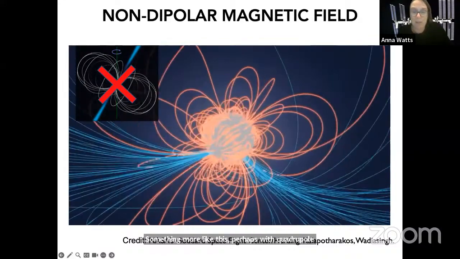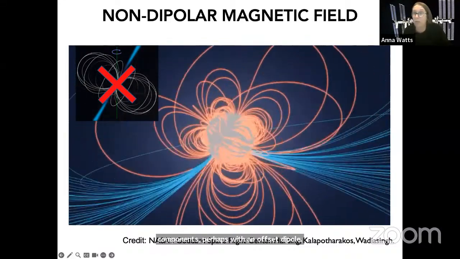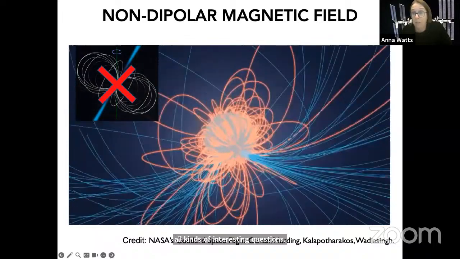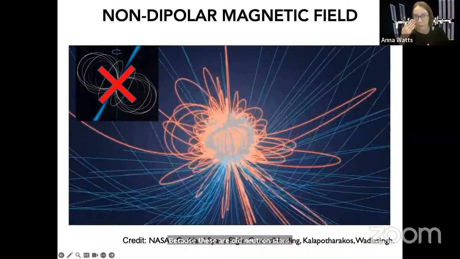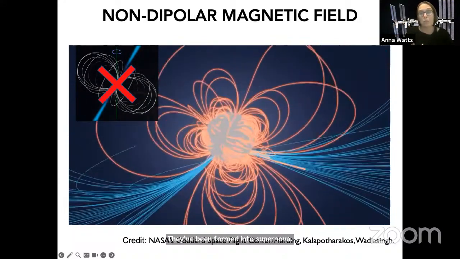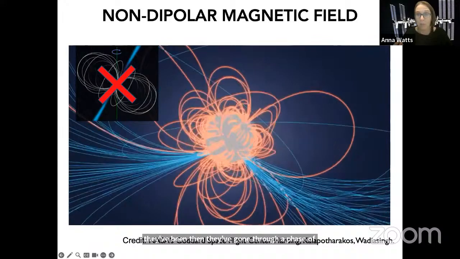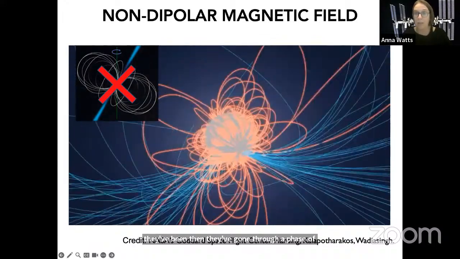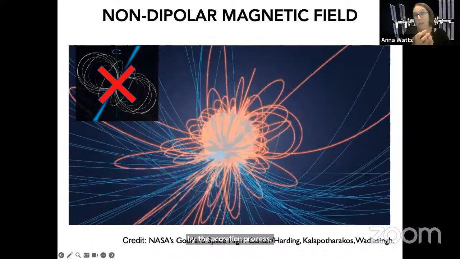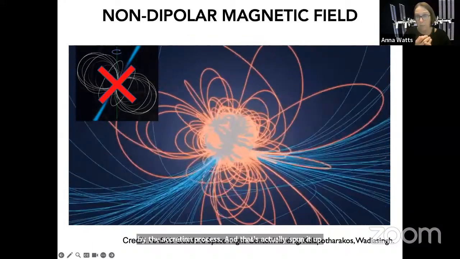And this kind of raises all kinds of interesting questions, because these are old neutron stars. They've been formed in a supernova. They've gone through a phase of accretion from a companion star, which may or may not still be there. It may have been completely destroyed by the accretion process. And that's actually spun it up to these millisecond periods that are so important.